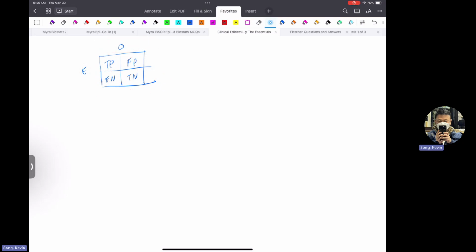Now, suppose we are developing a new drug. For instance, you plot the pain reducing scale, and this is the drug amount. I mean, this is the number of patients.